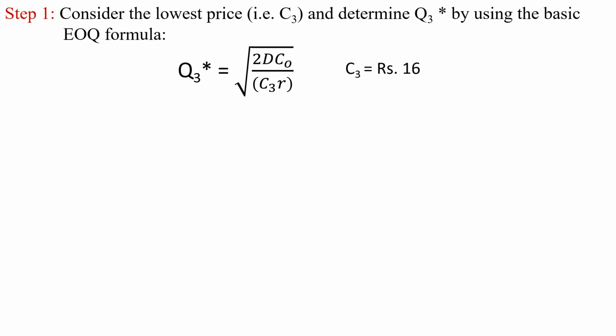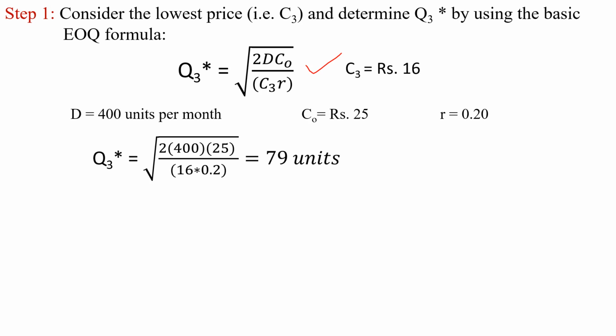Here C3 is 16 rupees. Then Q3 star will become the root of 2D C0 by C3 R. We know D, we know C0, and R also we know. C3 is 16 rupees. Then I have to substitute in the Q3 star equation.